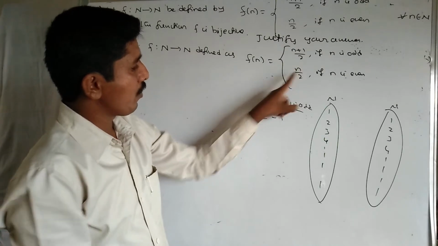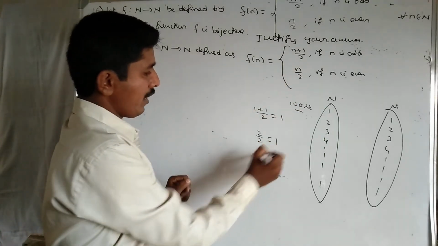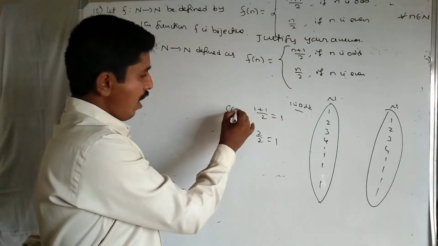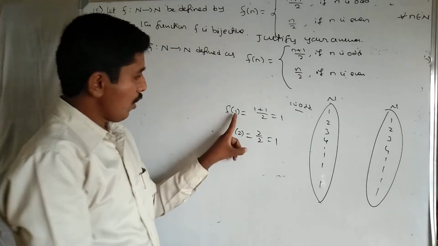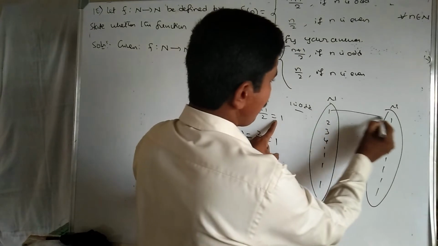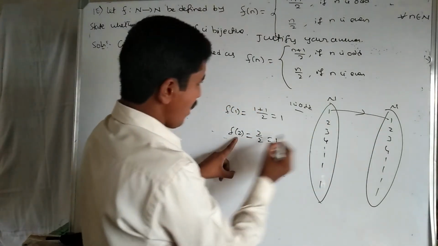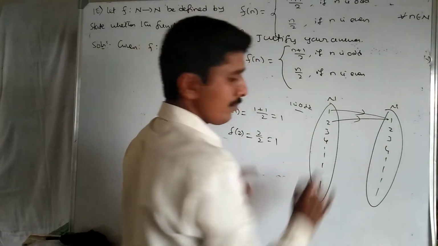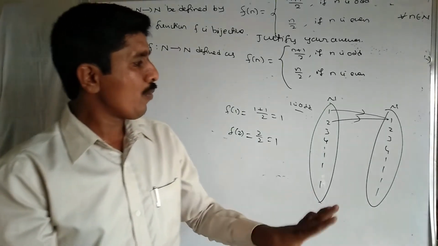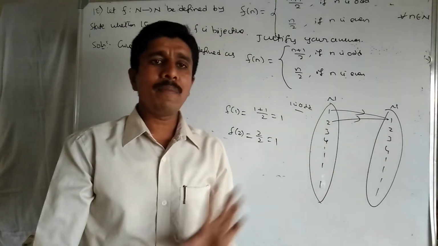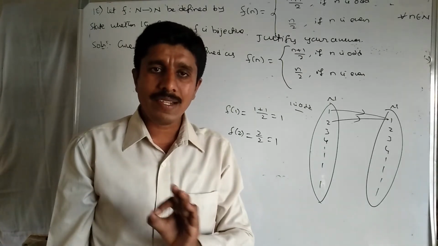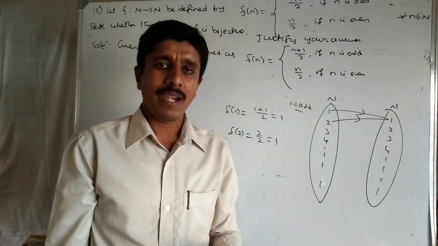Here n value is 2, and 2 by 2 is 1. This means f of 1 equal to 1 and f of 2 equal to 1. Here 1 is mapping with 1 and 2 is mapping with 1. So clearly it is not one-one because the elements 1 and 2 have the same image element 1. Therefore it is not one-one.